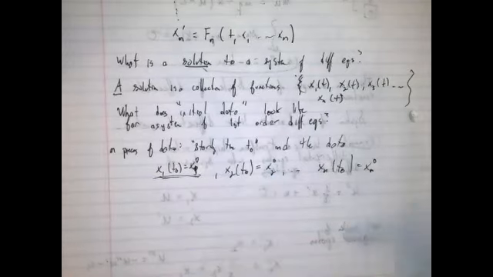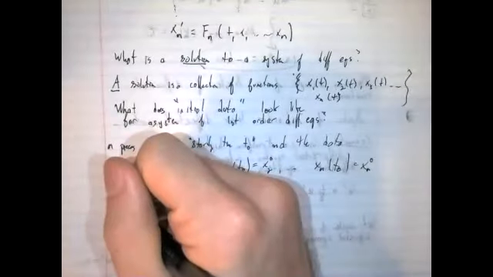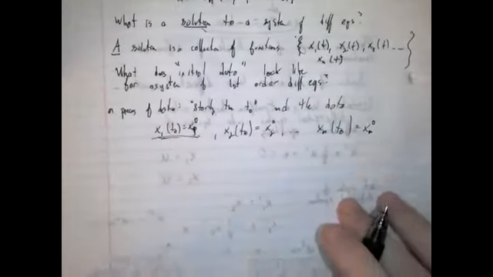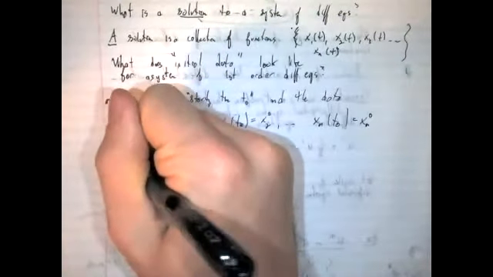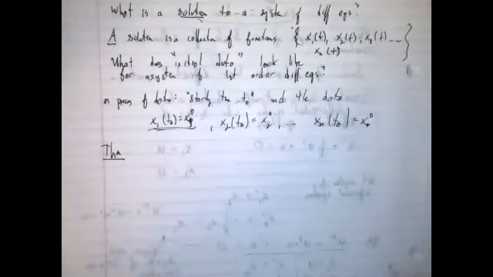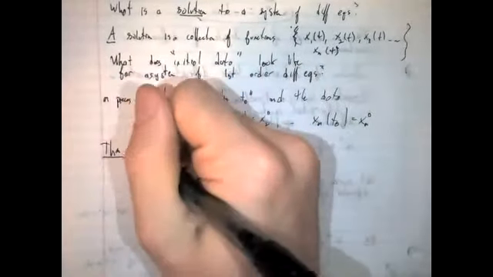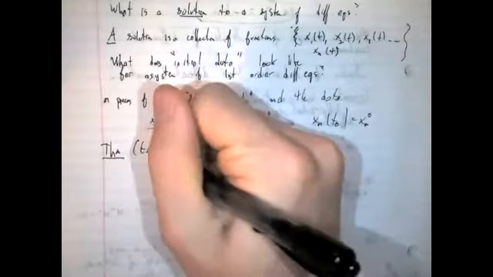And indeed, we have the following theorem, which I will not prove, but you can guess what it's going to be. It's going to be an existence and uniqueness theorem. Theorem, existence and uniqueness.